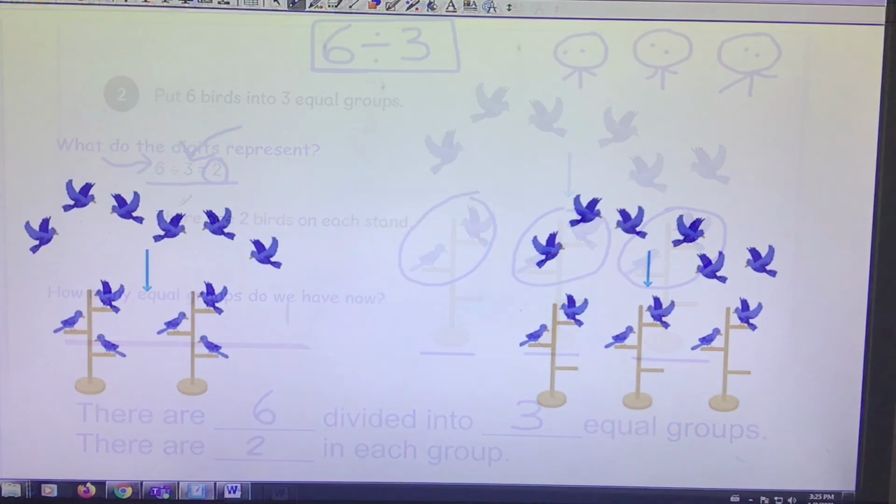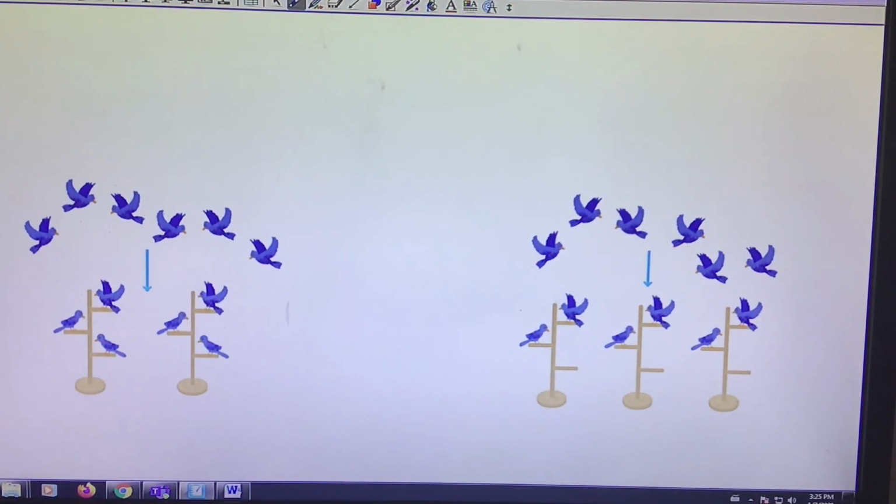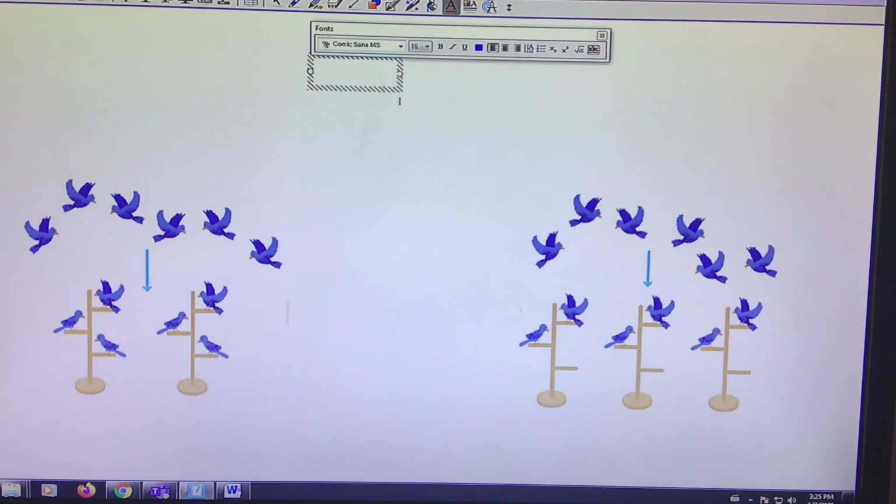Well done. For your task, I would like you to add something onto your journal work from earlier. I would like you to draw what you can see on the screen. And I would like you to add the following to your drawings. I would like you to write an equation for each drawing.